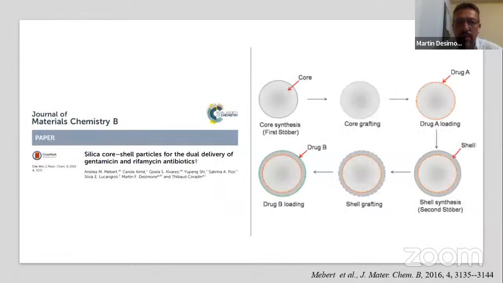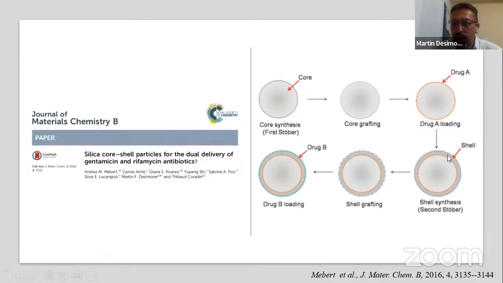In a step forward, we can prepare nanoparticles with the ability to transport different types of therapeutic molecules. For example, we can prepare core shell particles in which we have a core of the nanoparticles. We can make the first grafting with the ability to interact with the first drug, in this case the first antibiotic.